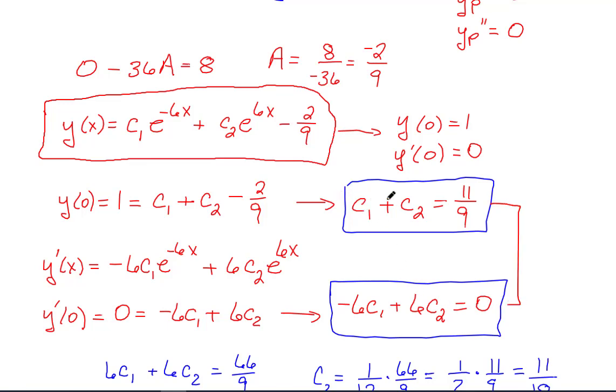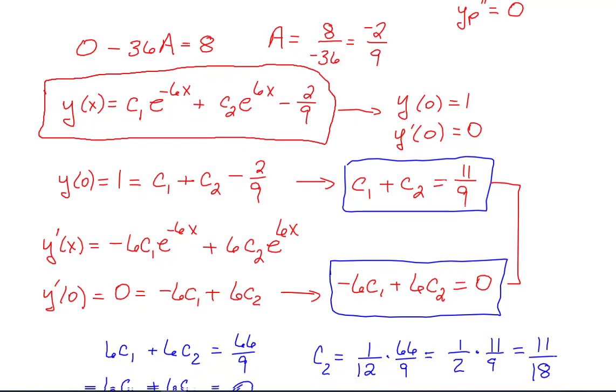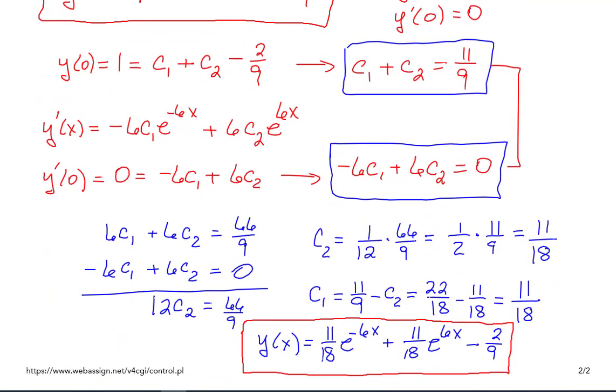I'm just going to multiply the first one through by 6 and then add them up. And so when I do that and I add them up, the C1 constants go away. I get 12 C2 is 66 over 9, and multiplying by 1/12, I get C2 is 11/18.